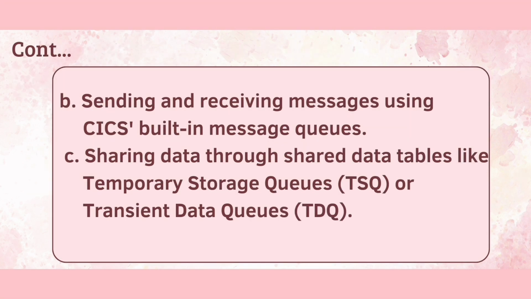Next is sending and receiving messages using CICS built-in message queues. Number 3, sharing data through shared data tables like temporary storage queues, that is TSQ, or transient data queues, that is TDQ.